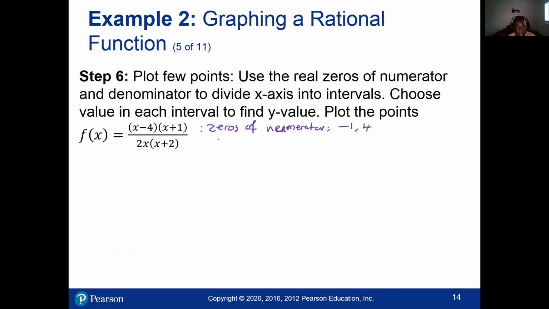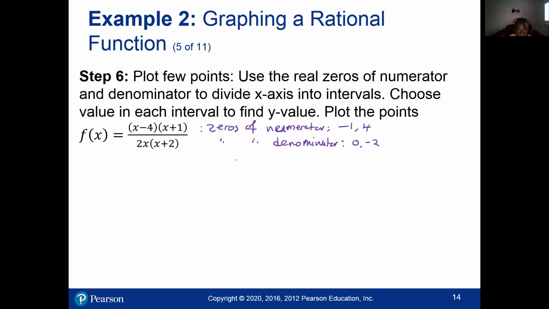And then we have the zeros of the denominator, and that will be 0 and negative 2. So at this point, I'm going to plot a few points there. I'm going to pick a few values near each of them to the side.